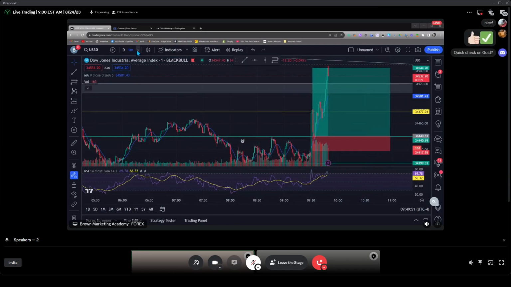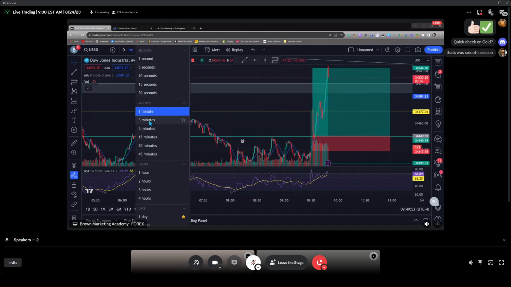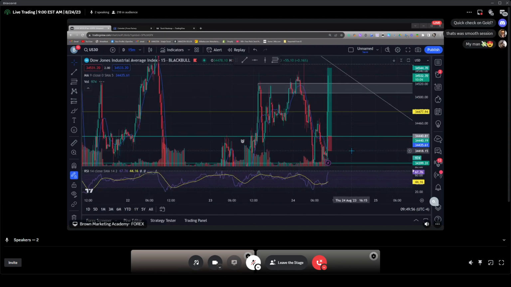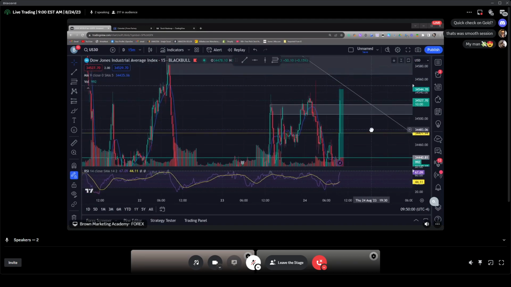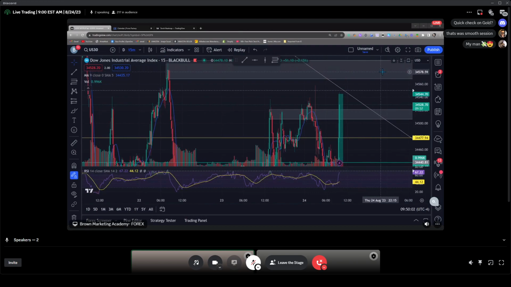Let's take a look at the 15-minute RSI. It should have hit already. So it did. It might go to the original TP. Let's see. Or it might go up to this area, this demand area as well. Give me one second, guys. I have a telephone call.